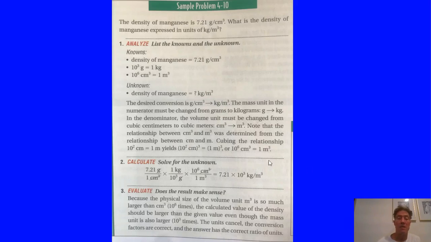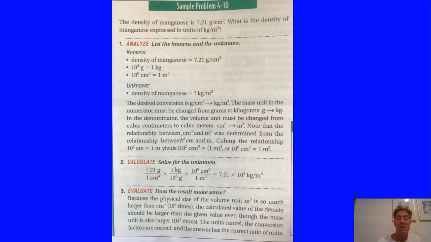We can do the same thing with density. We can calculate, for example, grams per cubic centimeter into kilograms per cubic meter. Again, you can either do it in simple steps or, and this is an interesting one, because of the conversion factor we need to go from cubic centimeters to cubic meters.